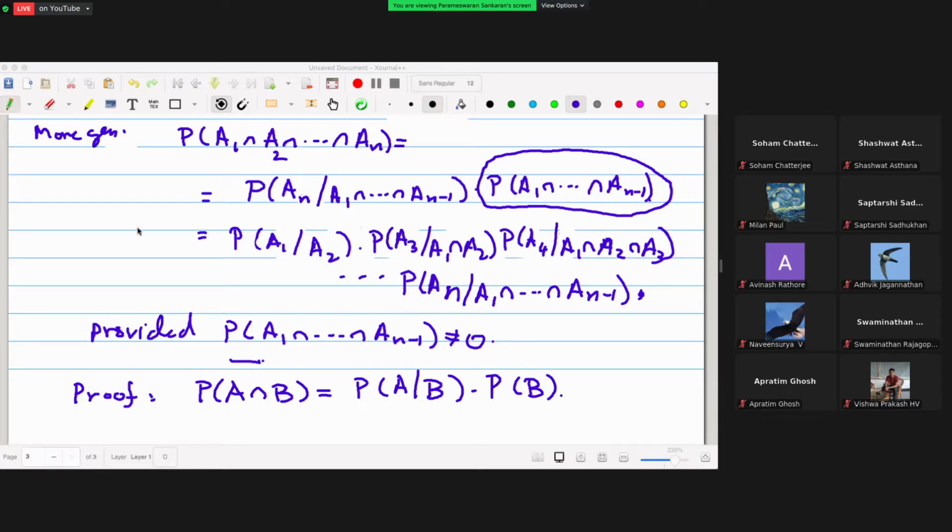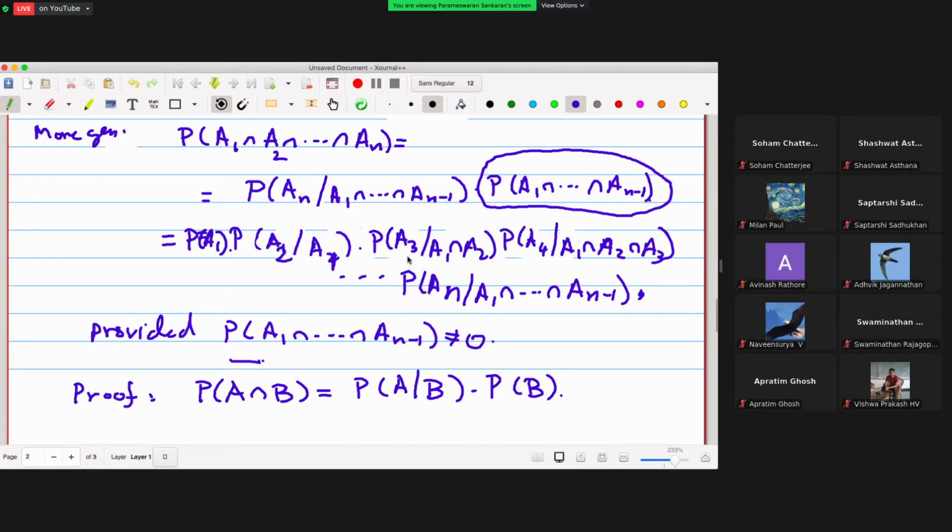But the proof will show the moment I write. So this is A2 and A1, and here probability of A1. Yeah, that's true. Otherwise, we will get into difficulty with the proof. In fact, in the very first line itself, we get into difficulty. So here probability of A1, probability of A2 given A1.